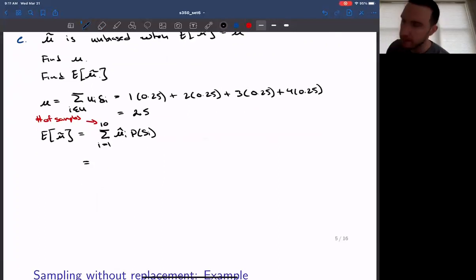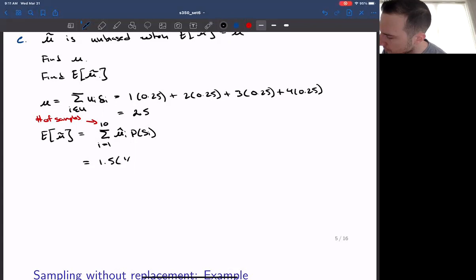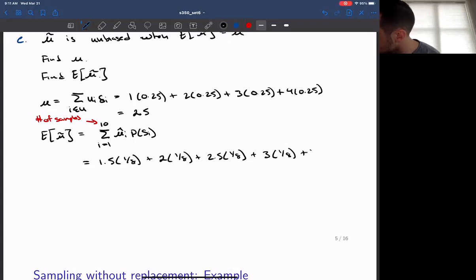So in this case, we're basically just taking what we have in the previous table and writing it out in full. So we're going to have 1.5 multiplied by 1 over 8 plus 2 multiplied by 1 over 8 plus 2.5 multiplied by 1 over 8 plus 3 multiplied by 1 over 8 plus 3.5 times 1 over 8, plus 2.5. Oh, there's a double 2.5.